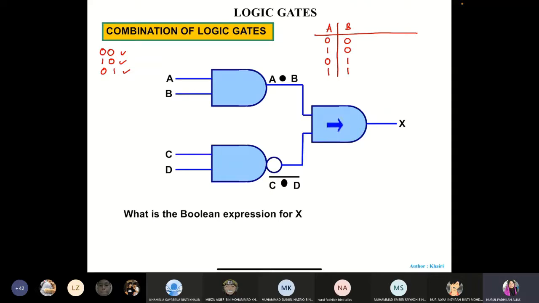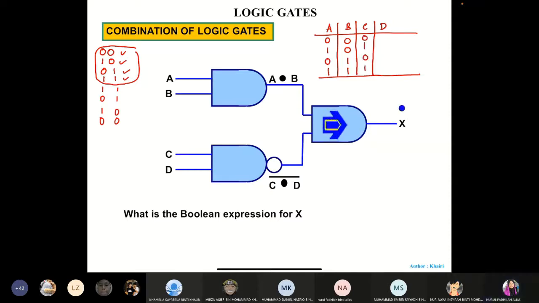So it's okay kalau awak nak letak, cikgu boleh tak saya nak letak macam ni, 1010, 1100? Boleh, as long as you have all the combinations here. Do you understand what I'm trying to say? Do you get it? Okay, now let's see. So kita dah ada A, B. Now let's say C and D, since this gate also has 2 inputs, so we do the same.